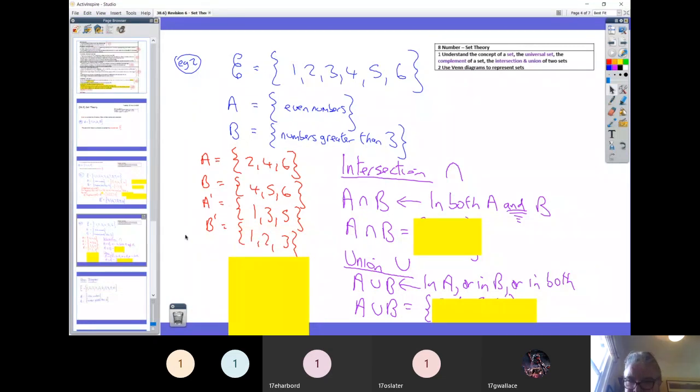Now, the other bit, and I would say this is probably the key bit that you've got to learn, is the difference between intersection and union.